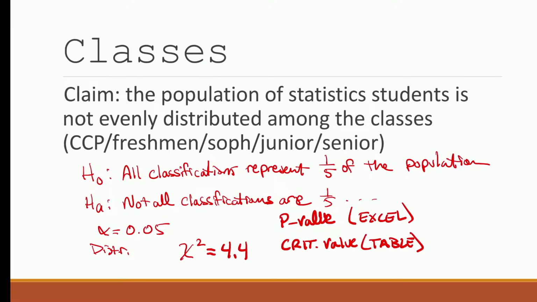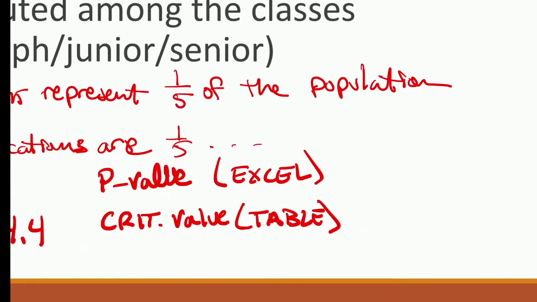So in order to do the critical value, we have to compute the degrees of freedom. The degrees of freedom is equal to the categories minus 1. So in our case, there are 5 categories. Minus 1 becomes 4 for the degrees of freedom.